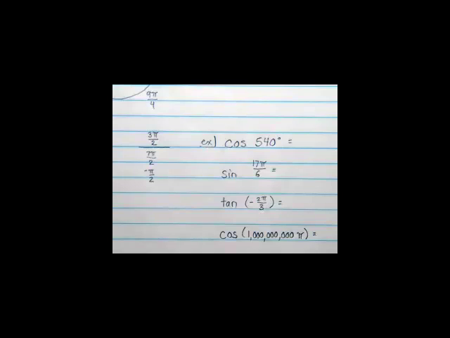Let's do that. Cosine of a billion pi. Don't use your calculator. Find the coterminal angle on your unit circle. You have to think about it a little bit differently, but when it clicks in, it's like, oh. It's not as bad as you might think.